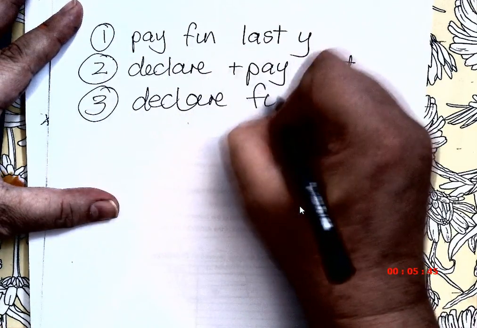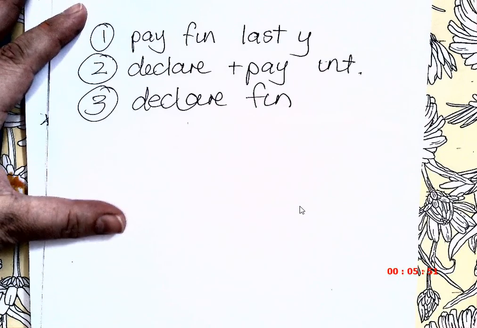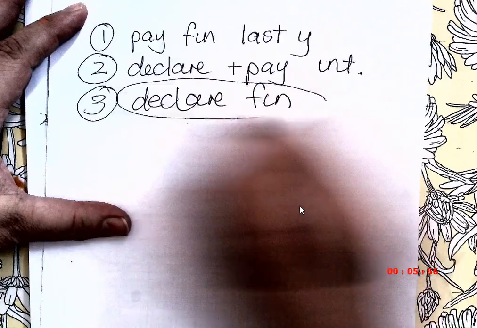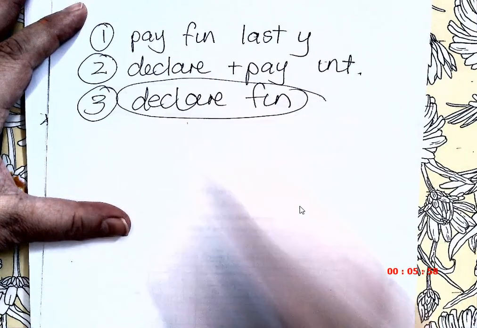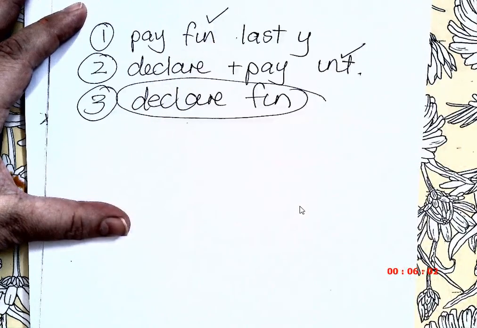Then I declare the final. Do I owe? Yes. So in other words, which is the one that goes to payables? The final of this year. Because that interim is paid and last year's final is paid.